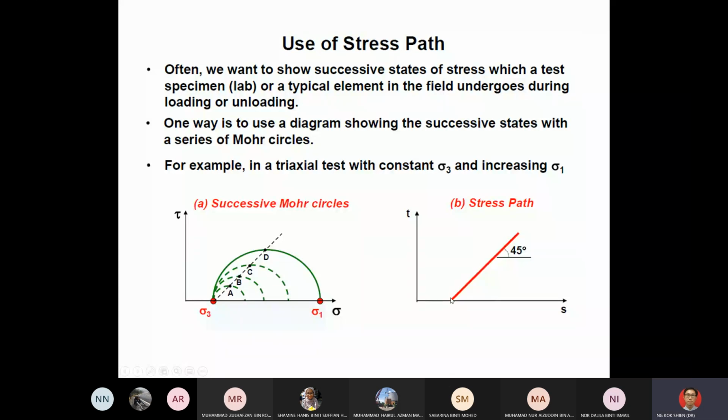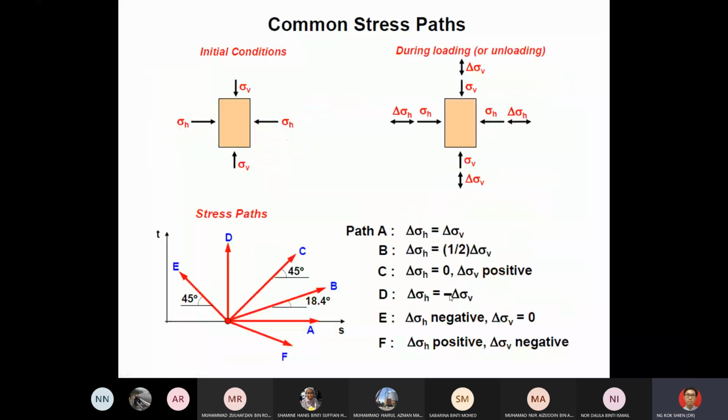So the stress path looks like this, 45 degrees, and starts from here, where the T is 0. T is 0 because sigma V and sigma H are the same.